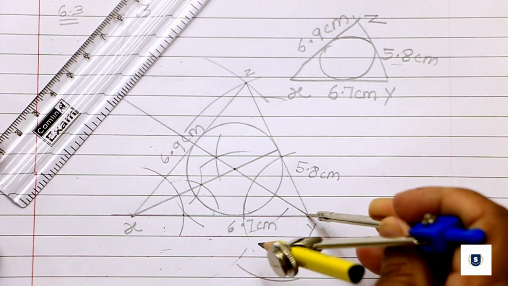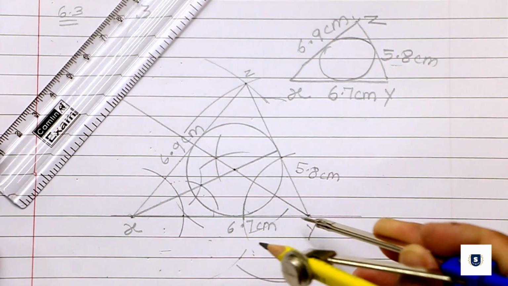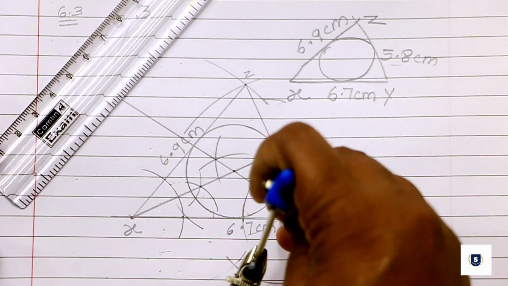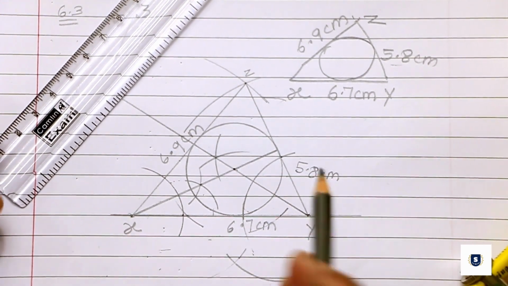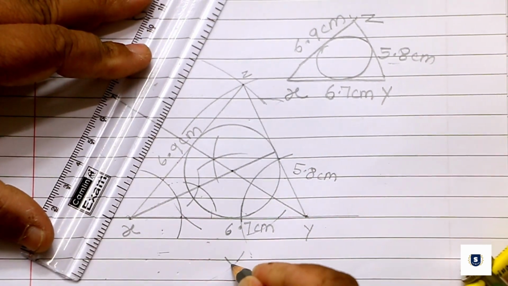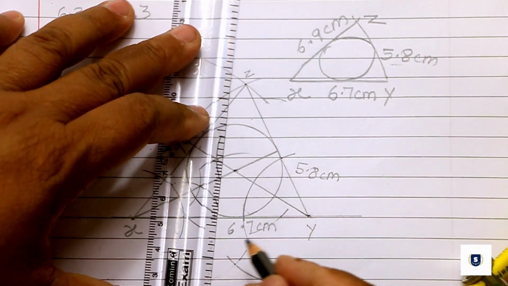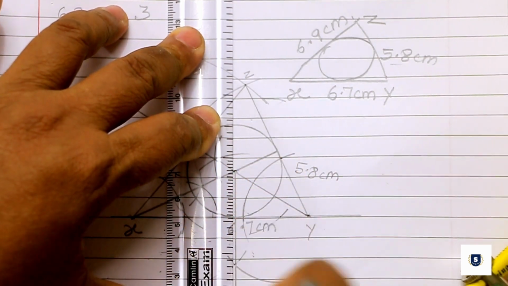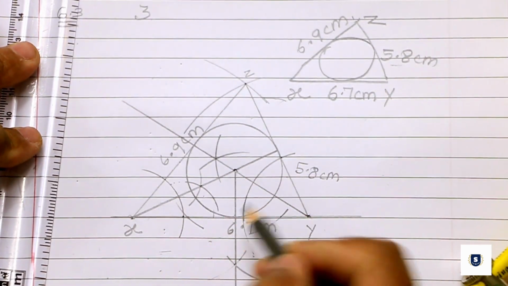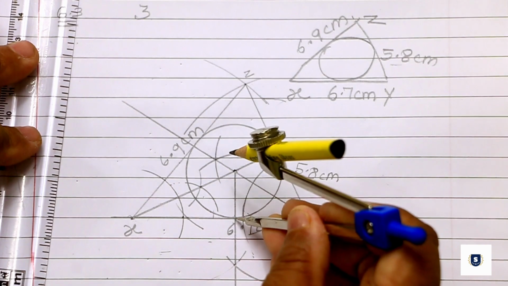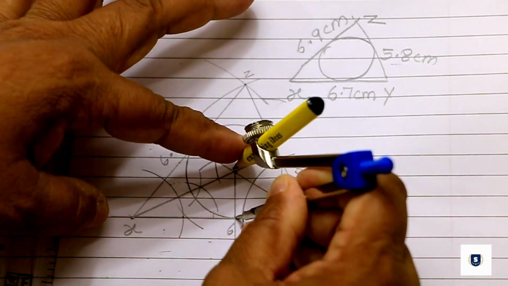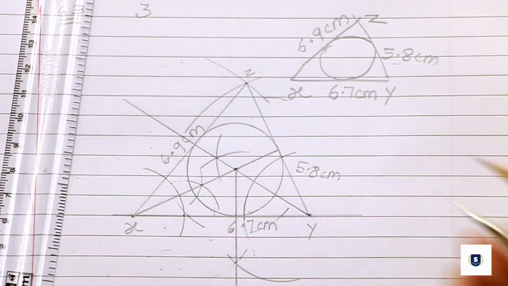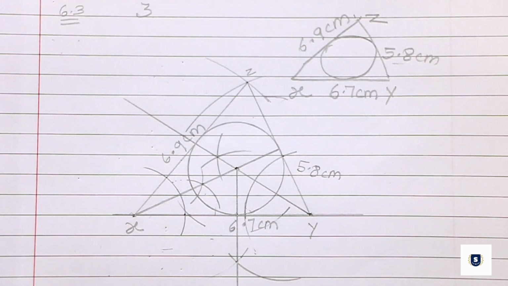Wherever the lines will join, those two intersecting arcs and this point should be joined. This is a perpendicular bisector of XY, but at the same time this line is the radius of the circle. See. Fine. Do the construction as many times as you can.